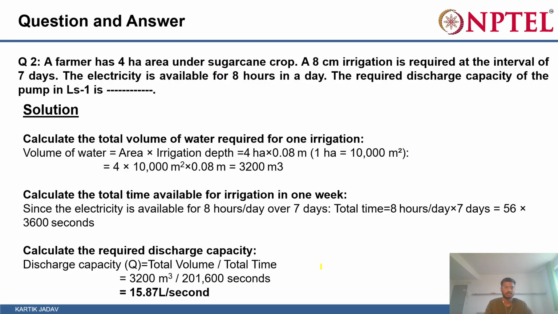Next question is about a farmer who has a 4 hectare area under sugarcane crop, and 8 centimeter irrigation is required in an interval of 7 days. Electricity available is for 8 hours in a day, and we need the required discharge capacity of the pump in liter per second.